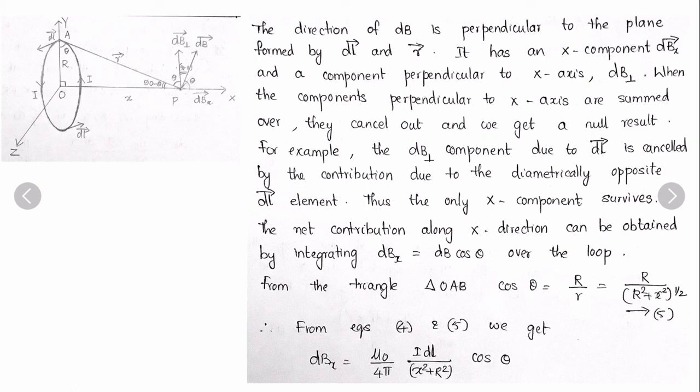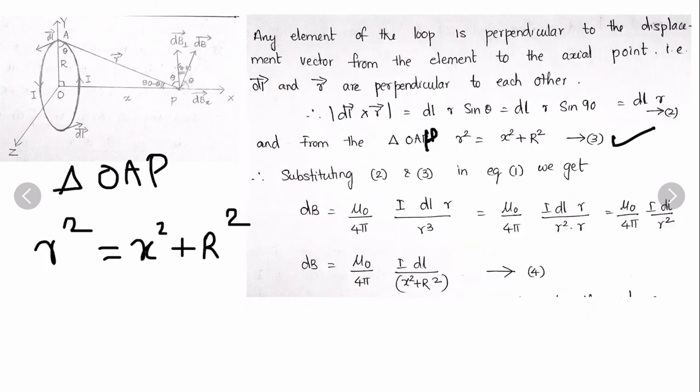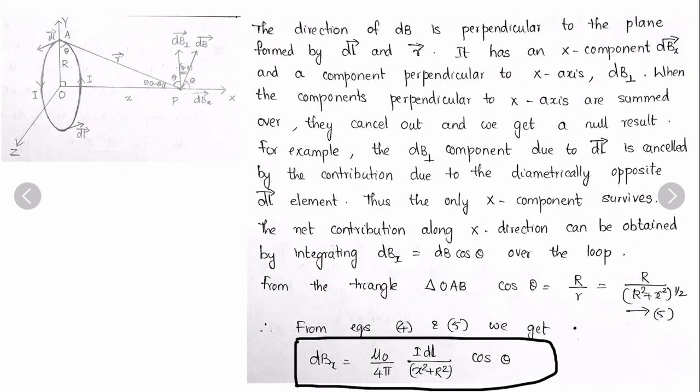Then from 4 and 5 we will get mu 0 by 4 pi IDL divided by x square plus capital R square, and cos theta. So this is the one from 4 and this is the one from 5.